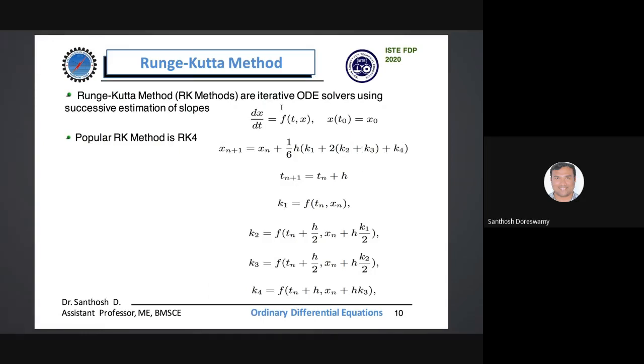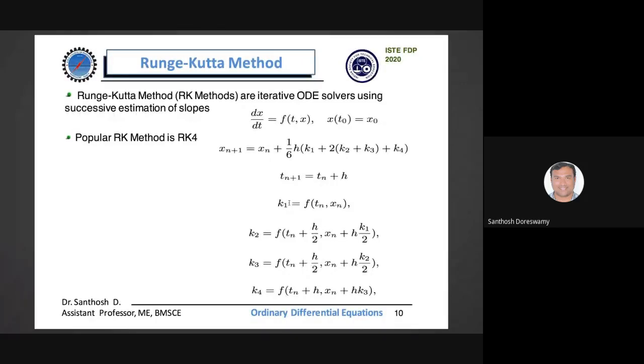Now, if you can remember, slope is a function of t comma x. So if I write k1 as a function of t comma x, where I take a particular value of time at a known interval and the corresponding value of x that is already computed in the previous computation, then I can find 4 slopes k1, k2, k3, k4, based on the time step.